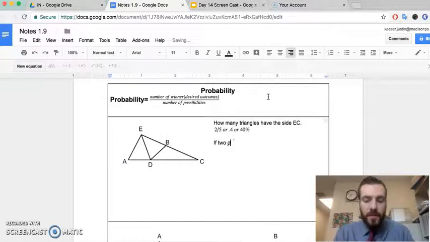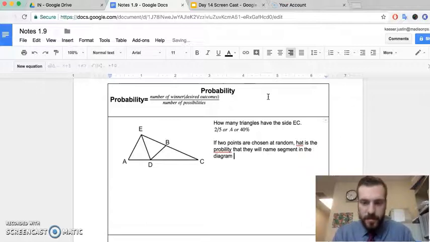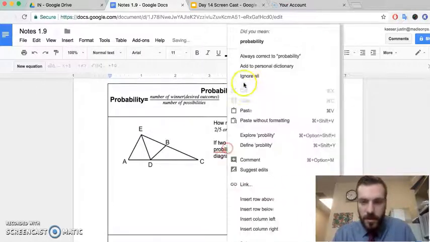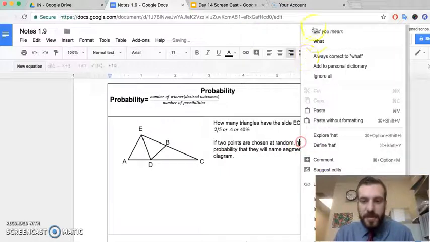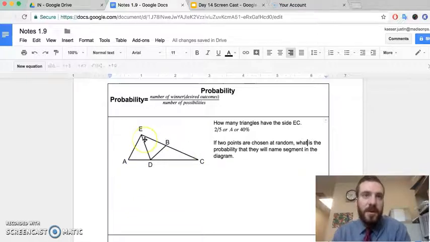So if 2 points are chosen at random, what is the probability that they will name a segment in the diagram? So if we just choose 2 points at random, any of these points, what's the probability that we get a segment that is in this diagram?